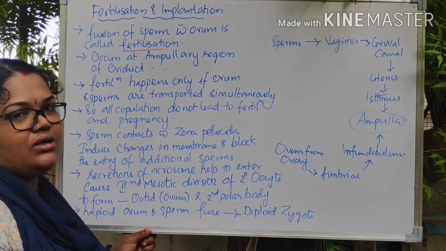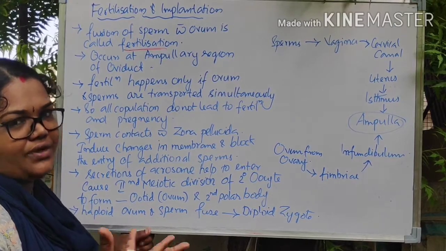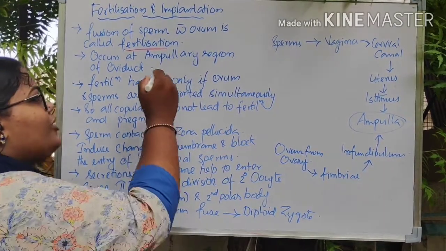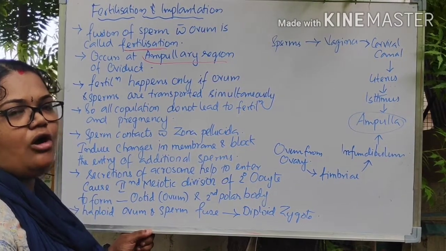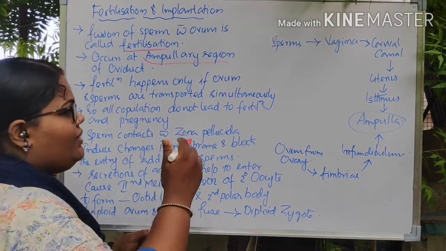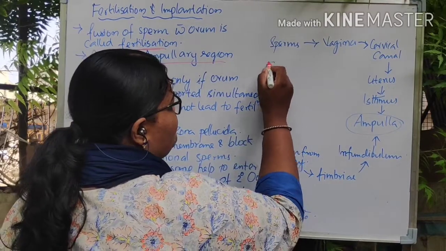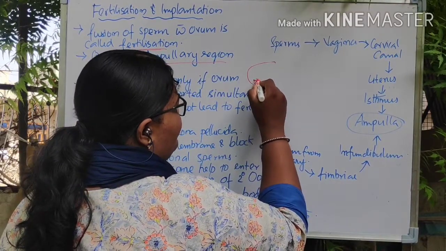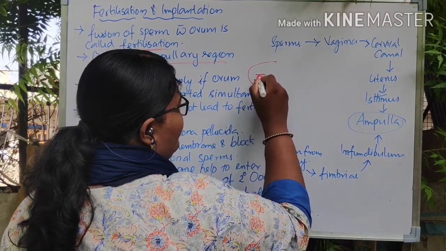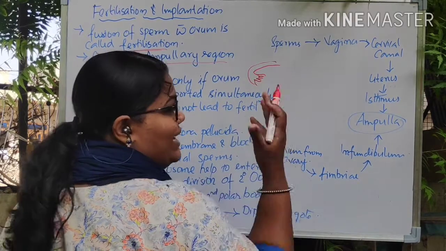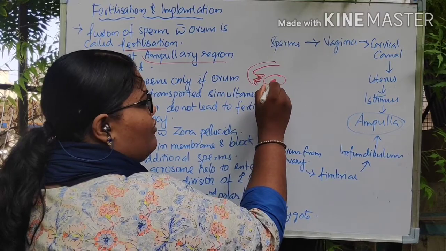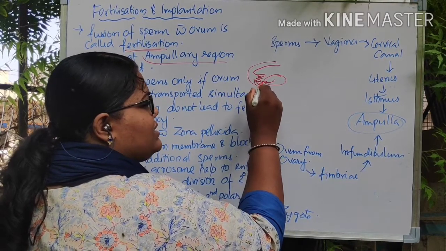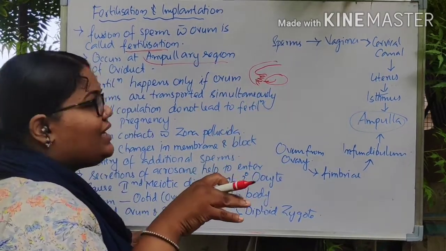Now, what is the site of fertilization? The site of fertilization is the ampullary region in the fallopian tube or the oviduct. In the fallopian tube there is the infundibulum, the funnel-like structure, and the fimbriae. From the ovary the ovum will be released and captured by the finger-like structures.